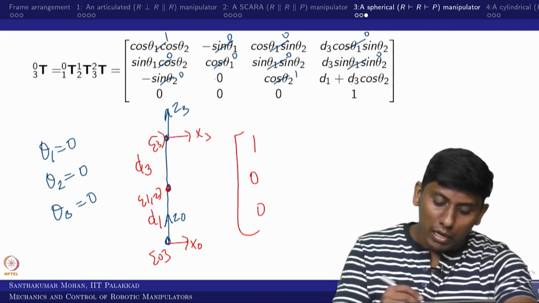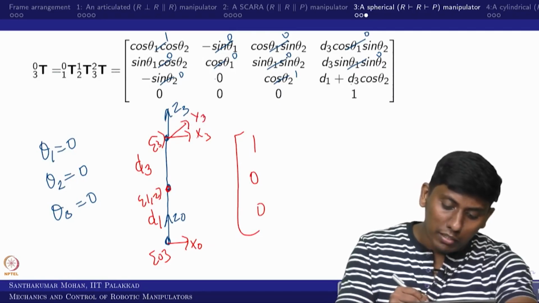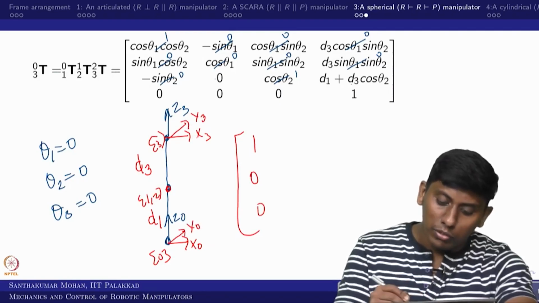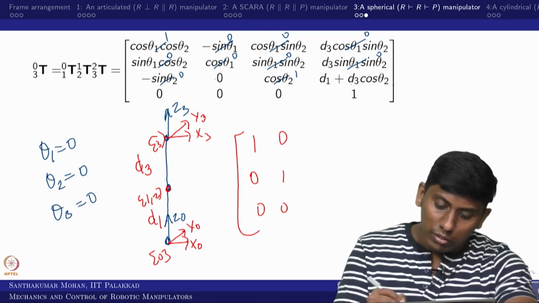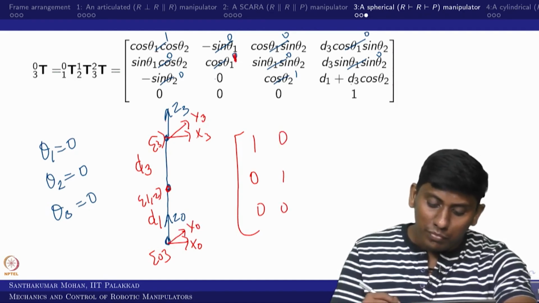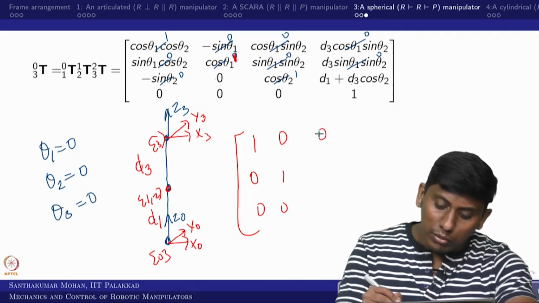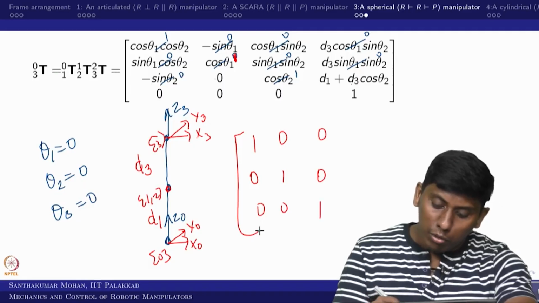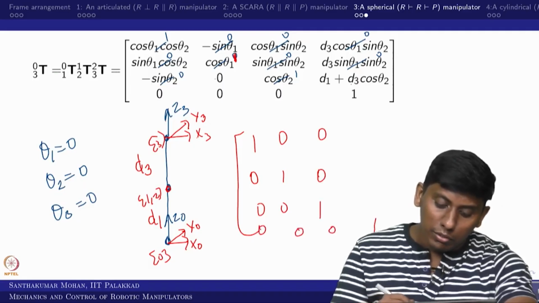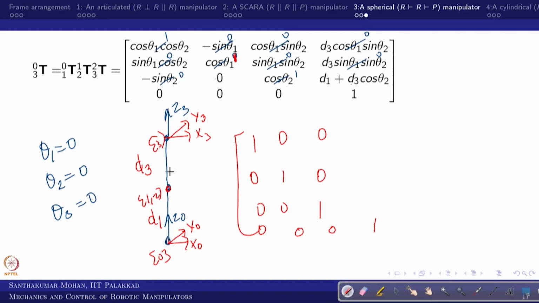Z3 also parallel, in that sense, if you take the right hand rule, this is Y3 and this is Y0, so 0 1 0. So, you can see this is 1, okay. Then the third one is 0 0 1. The x axis displacement is 0, there is no displacement, that we cross checked. Y also has no displacement, and the z axis is D1 plus D3. In that sense this matrix is correct, right.